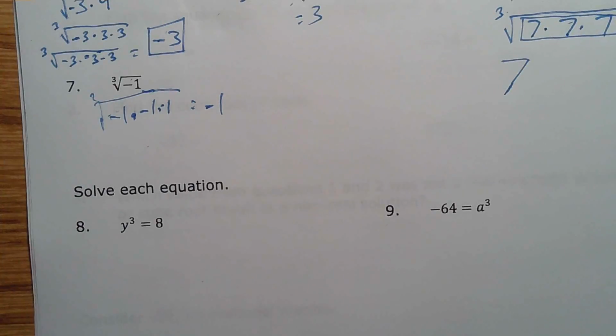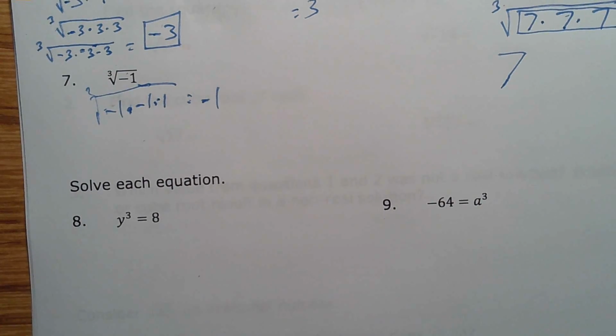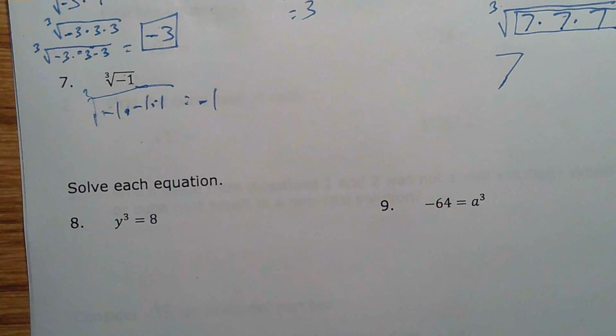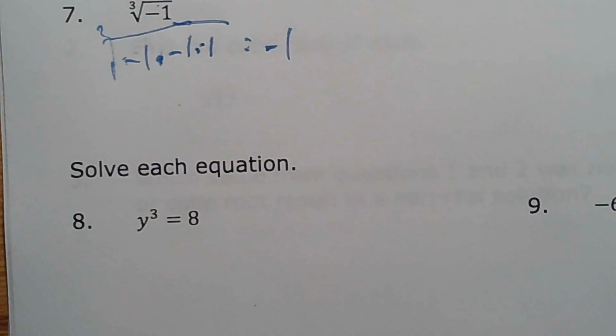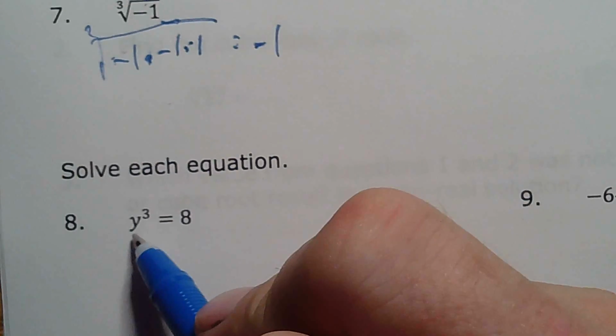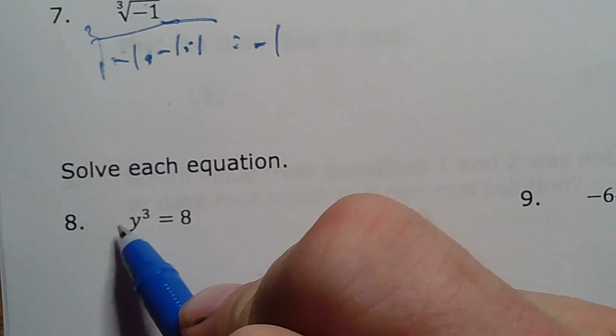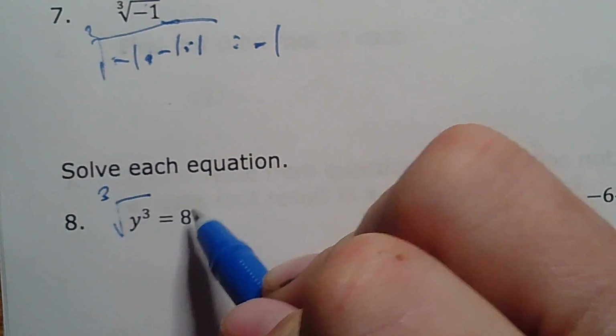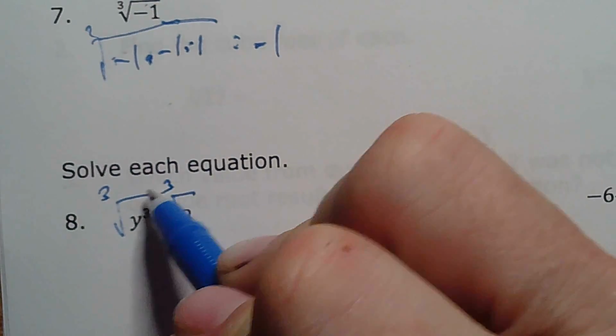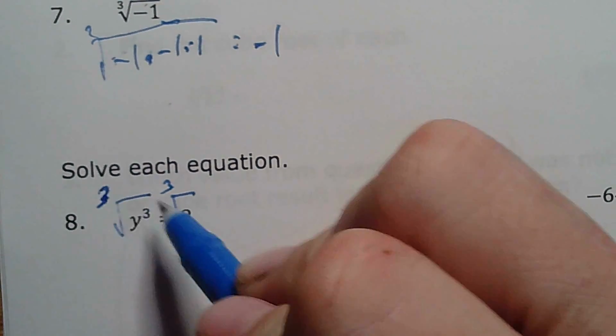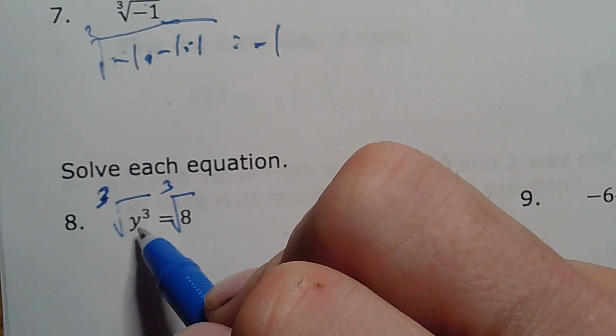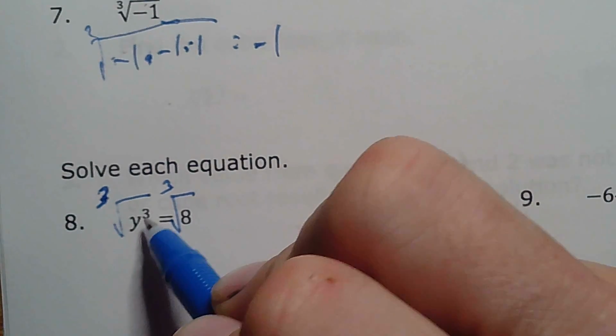Now if I have to solve an equation here, how do I solve for y? Let me zoom in and solve for y. In order to solve for y, I have to take the cube root of both sides, because I need to undo the cubed.